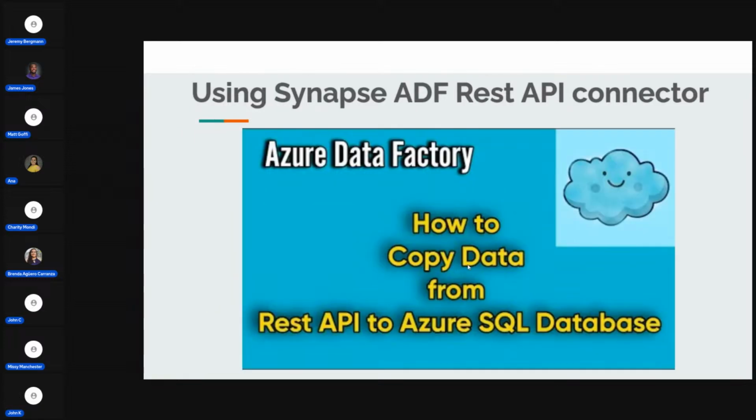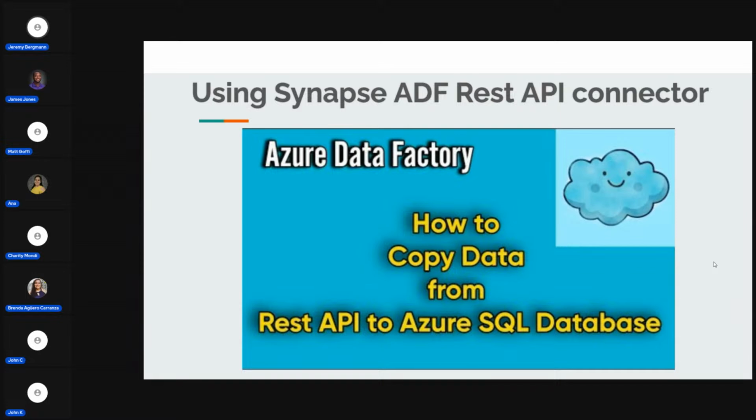Okay. So I have one more video here. This was a walkthrough of using Synapse Azure Data Factory, the pipelines for the REST API connector. We'll call it good for the night after this because this will really give you a good introduction into what the exercise is going to be.